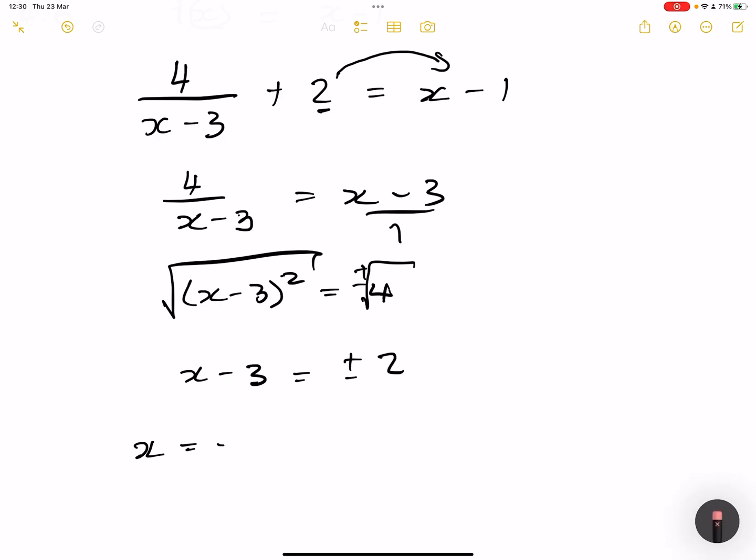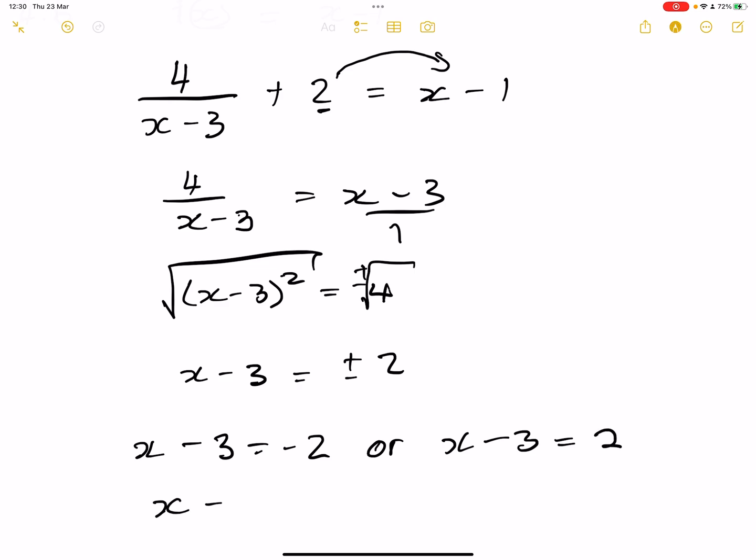So x minus 3 would be equal to -2, or x minus 3 would be equal to positive 2.